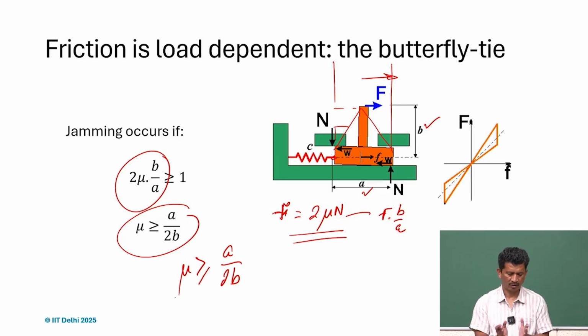Or if you want to work the other way around, B has to be smaller and A has to be longer, so that the jamming may not happen. So we can also relate it to the bushing design, the placement of bushing when we design the guides. These are all friction related issues, and one should now be able to relate why friction is not desired many times, or if it's there, how to manage it.